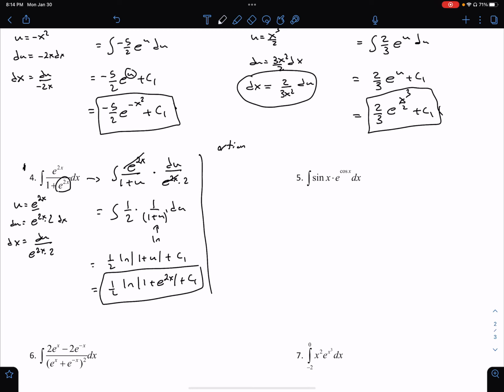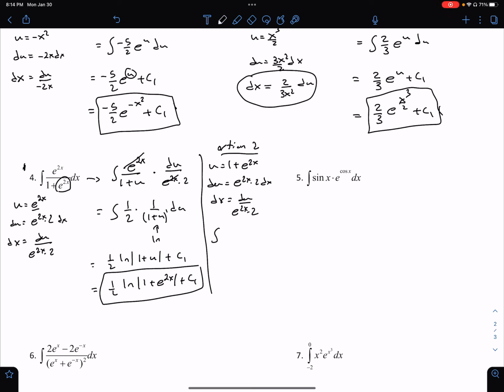That is not the only way to do this one. Option 2, let u equal the entire bottom. My derivative is actually still the same thing, e to the 2x times 2 dx, giving us dx is du over e to the 2x times 2.